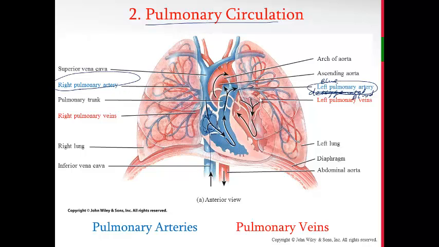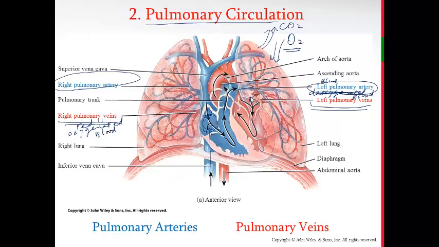So once they're back in the lungs, your lungs receive fresh oxygen and unload the CO2. So now everything is going to come back to the pulmonary veins, right? These are your red pulmonary veins containing oxygenated blood, packed with oxygen.